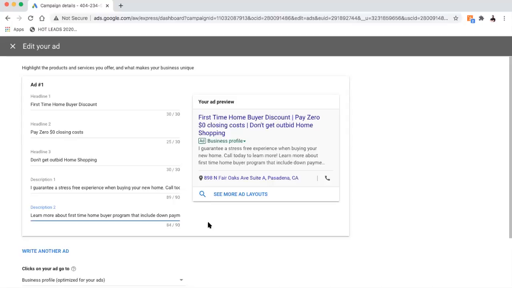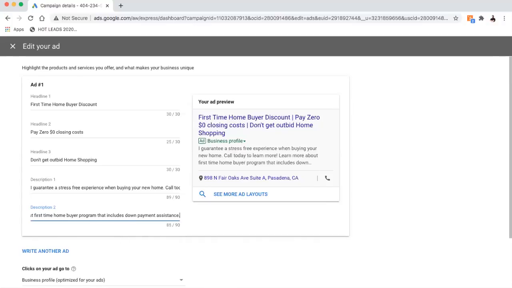Headline number 2, pay 0 closing cost. Headline number 3, don't get outbid home shopping. Google also gives you 2 descriptions. The first one we chose was, I guarantee a stress-free experience when buying your new home. Call today to learn more. Description number 2 is, learn more about first-time homebuyer programs that include down payment assistance.